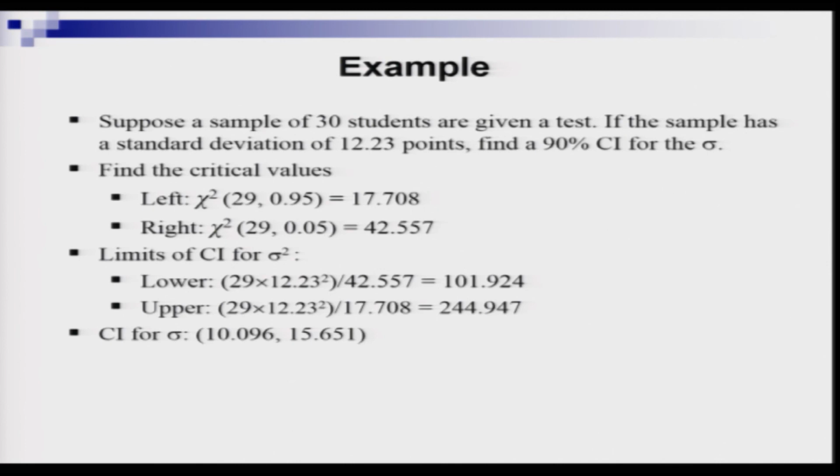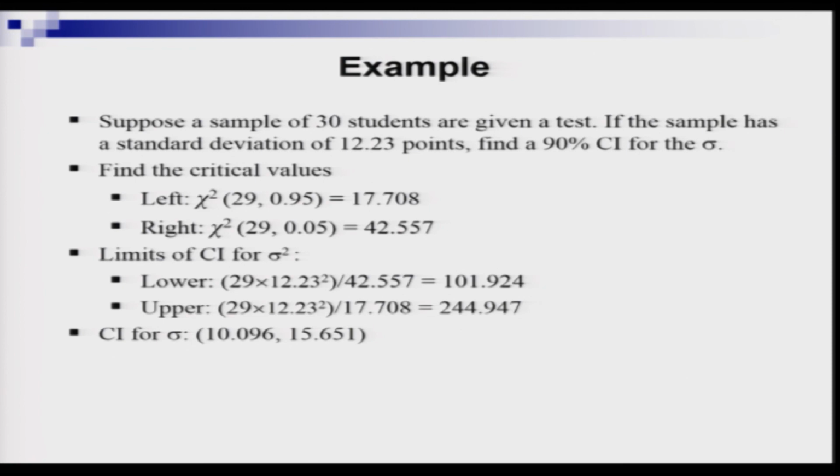Suppose you have a sample of 30 students who were subjected to a particular test or exam, and the sample results in a standard deviation of 12.23 points. The task is to find a 90% confidence interval for sigma, the population standard deviation. Now we first look at the critical values from the table, because the sample standard deviation is already calculated for us.